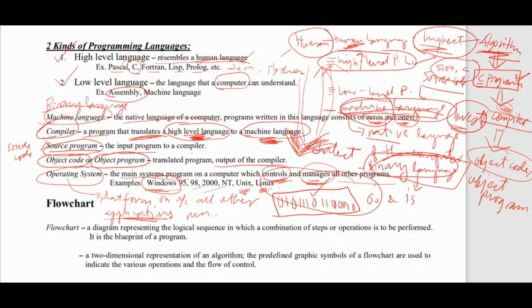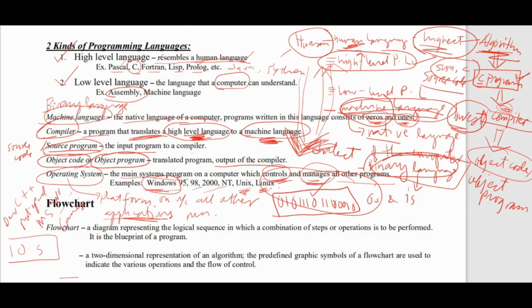So this is the operating system, and these are the applications, like you have here Dev C++, you have here Notepad, you have here Microsoft Word, Excel, PowerPoint, and maybe your games.